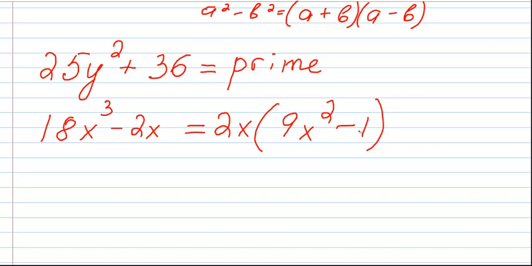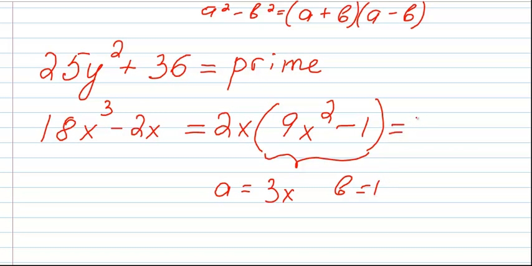We have two terms inside the parentheses, minus sign the difference, and both terms are perfect squares. So for this expression, our a will be 3x and our b will be 1. So we will continue factoring out.